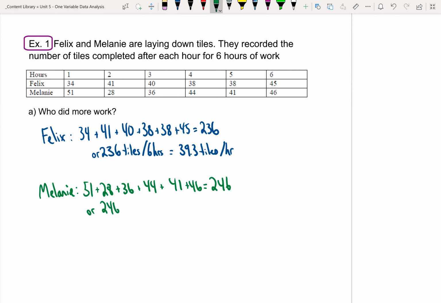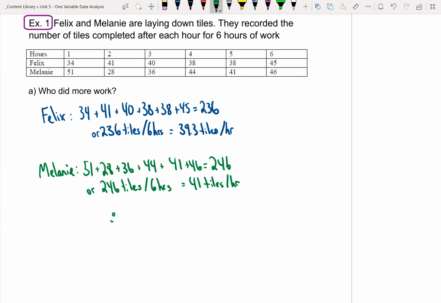When we find her rate, 246 tiles per 6 hours works out to 41 tiles per hour. So looking at this, we could argue that Melanie did more work. She laid down more tiles per hour than Felix did. Although it is close, we can argue that Melanie did more work.